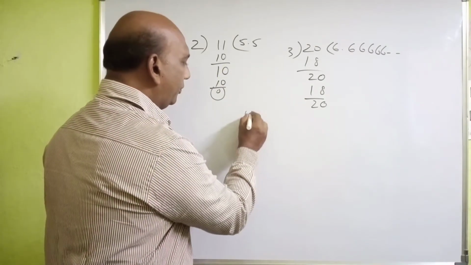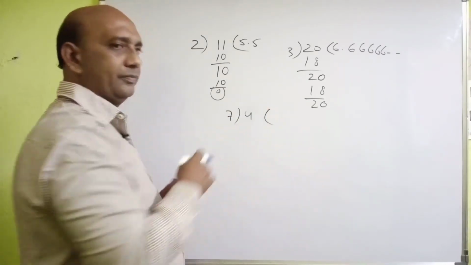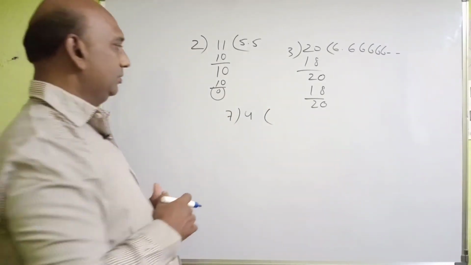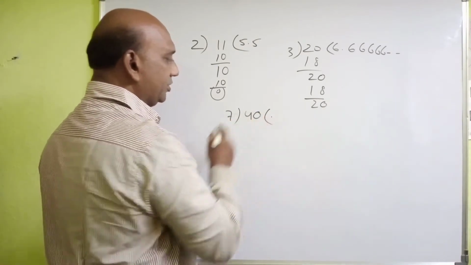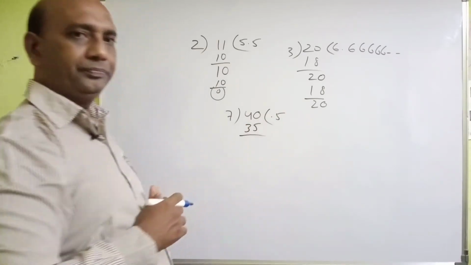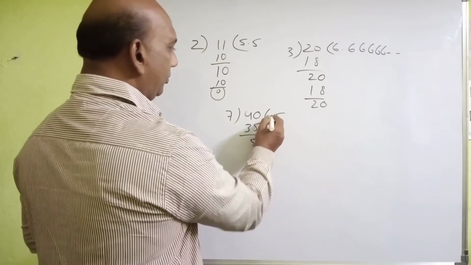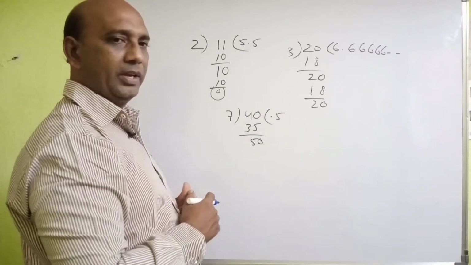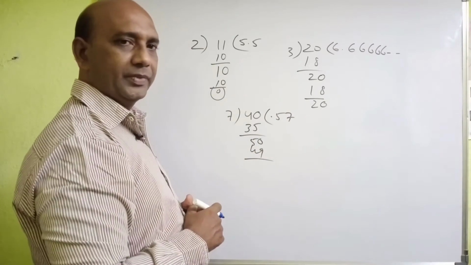Suppose 4 is divided by 7. 4 does not go by 7. Take a point here and put 0. 7 fives are 35. The remainder is 5. Already the point is there, so take 0 again. 7 sevens are 49.